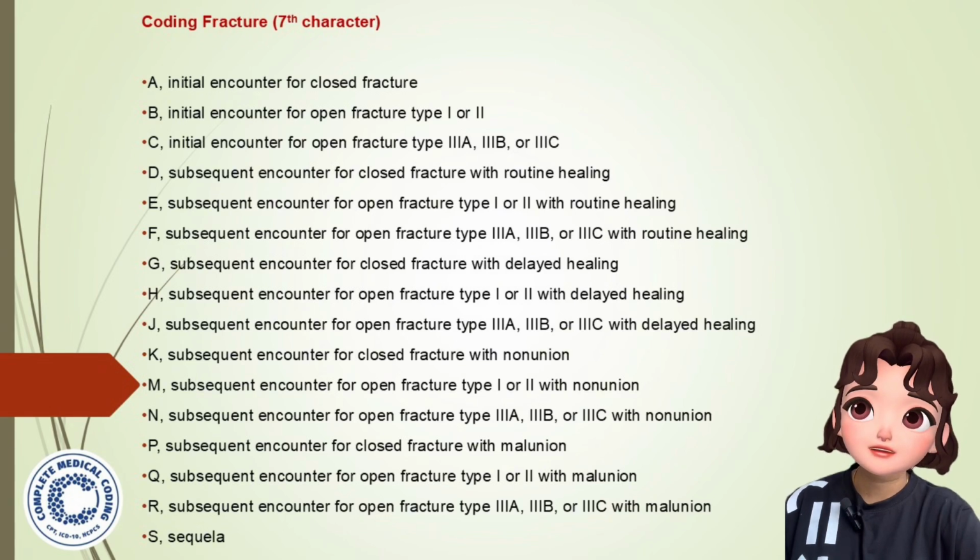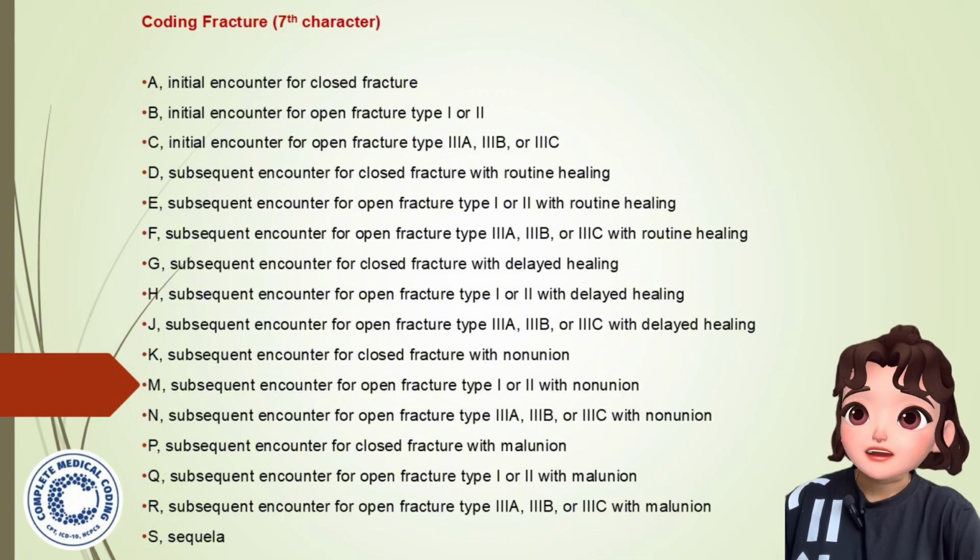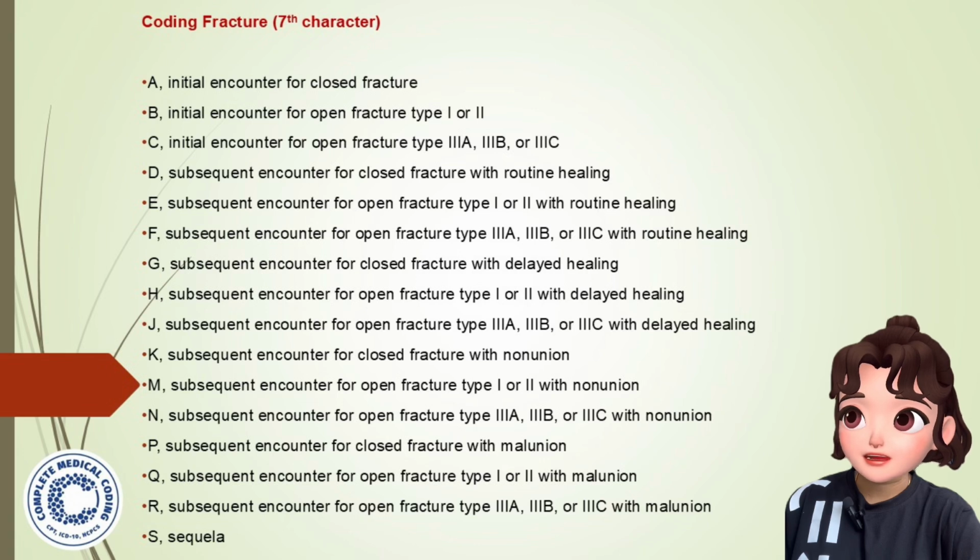These three, A, B and C, are the most important. Now the remaining alphabets, D to R, represent subsequent encounter. So D represents subsequent encounter for closed fracture with routine healing. Always the first is the closed fracture. E represents subsequent encounter for open fracture type 1 or 2 with routine healing. F represents subsequent encounter for open fracture type 3A, 3B or 3C with routine healing.